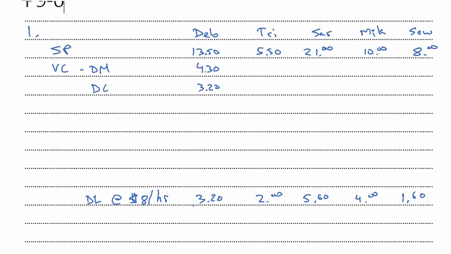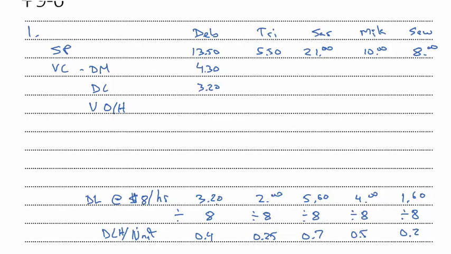So we can take the cost per unit, divide it by 8, to get the actual direct labor hours per unit, and that should be 0.4, 0.25, 0.7, 0.5, and 0.2.